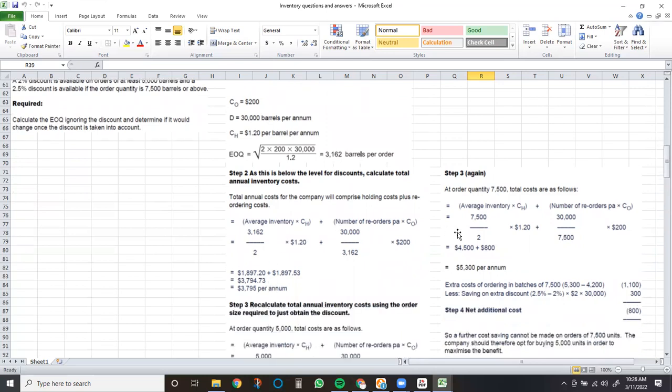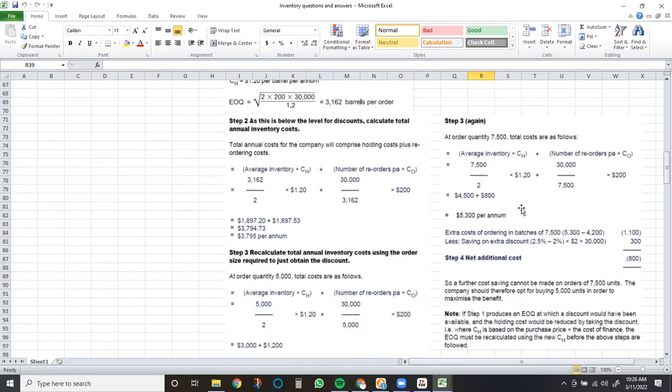And here, 7,500, doing a similar calculation to what was done down here, just using the 7,500.